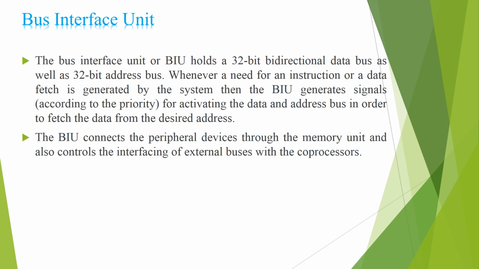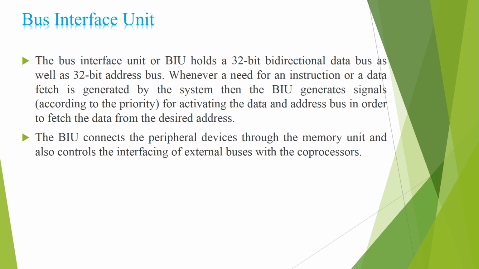Bus interface unit. The bus interface unit, or BIU, has a 32-bit bidirectional data bus as well as a 32-bit address bus. Whenever an instruction or data is needed and generated by the system, the bus interface unit generates a signal according to the priority for activating the data and address bus in order to fetch the data from the desired address, right?